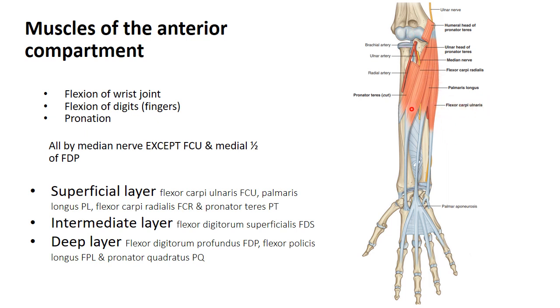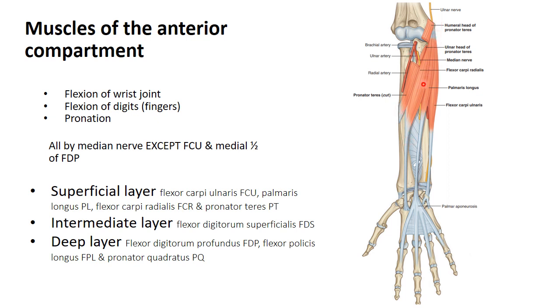I have 8 muscles in the anterior compartment, all supplied by the median nerve except flexor carpi ulnaris, while the half is the medial half of flexor digitorum profundus, and we will study it. Just understand the outlines of the anterior compartment.